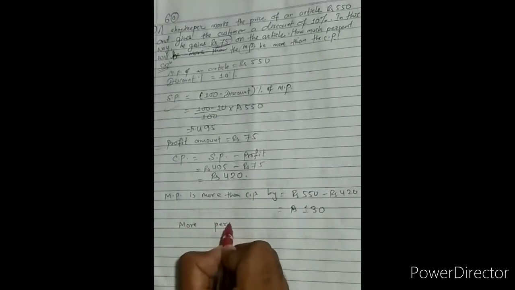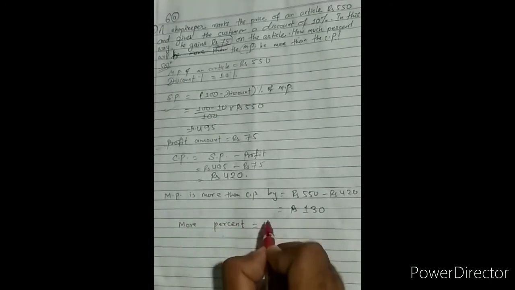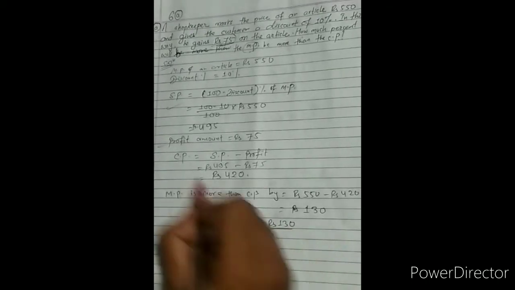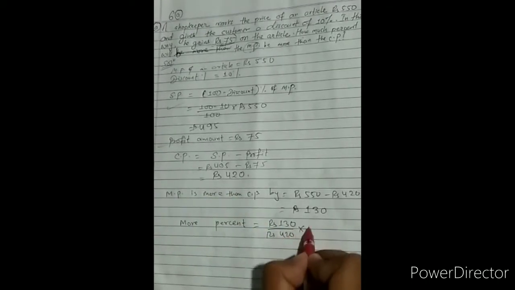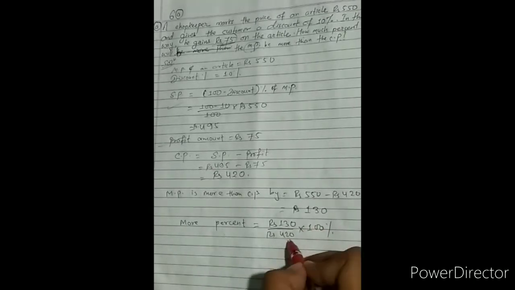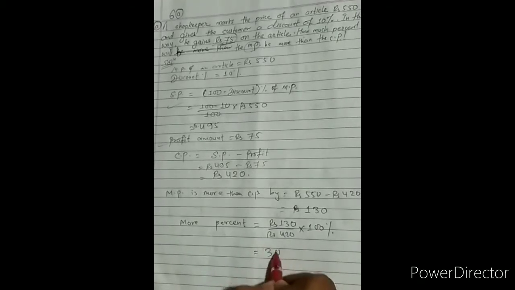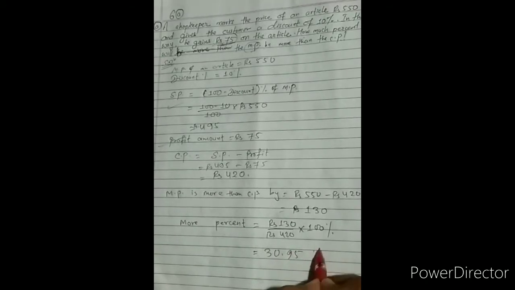More percent is 130 divided by CP 420 into 100%. 130 into 100 divided by 420, you get 30.95%.